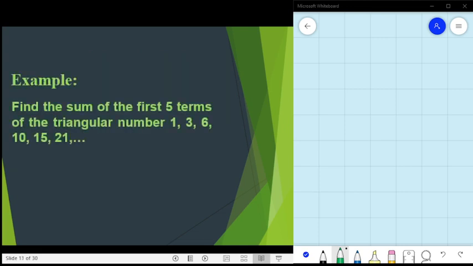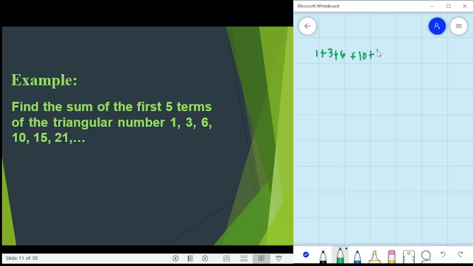Example, if we are going to find the sum of the first 5 terms of the triangular numbers 1, 3, 6, 10, 15, and 21, we have to add 1 plus 3 plus 6 plus 10 plus 15.